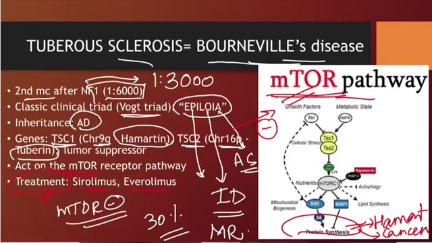So it is very important that the newer advances in the treatment of tuberous sclerosis include these mTOR inhibitors, namely sirolimus and everolimus, which are used in the treatment of SEGA as well as angiomyolipomas, particularly in cases where it is unresectable or too advanced, where surgery cannot be performed. This is a very important potential question, particularly for AIIMS and NEET exams, that you need to remember: sirolimus and everolimus, mTOR inhibitor drugs used for treatment of tumors in tuberous sclerosis.